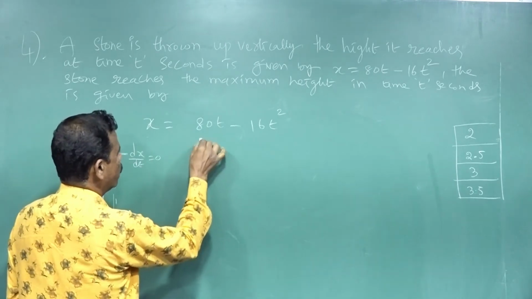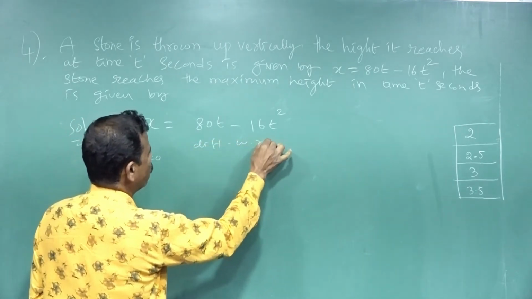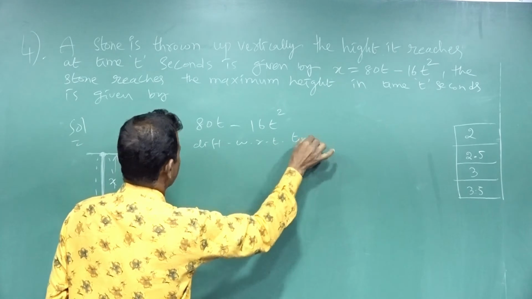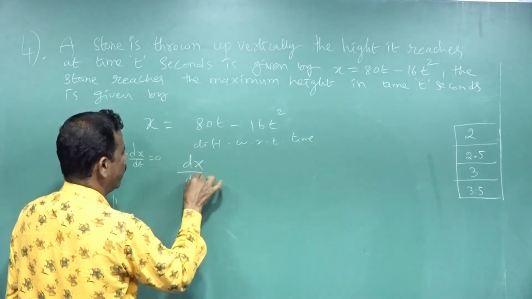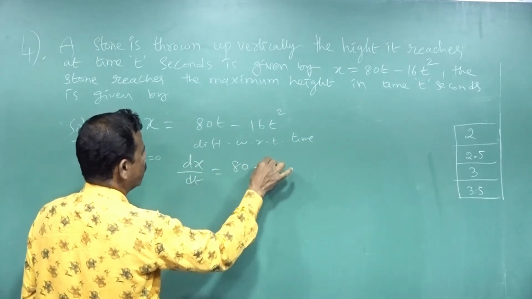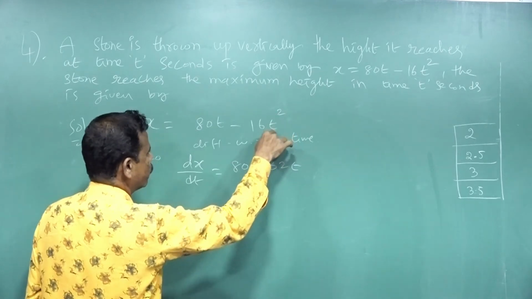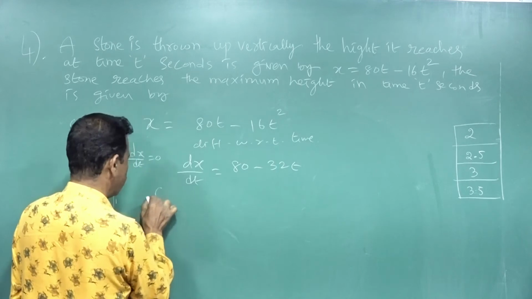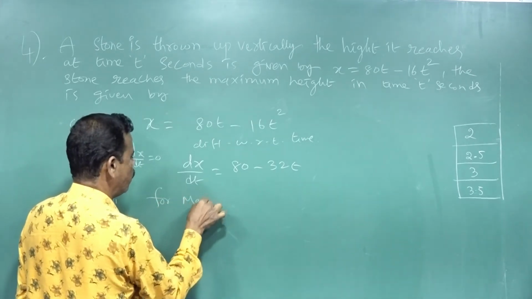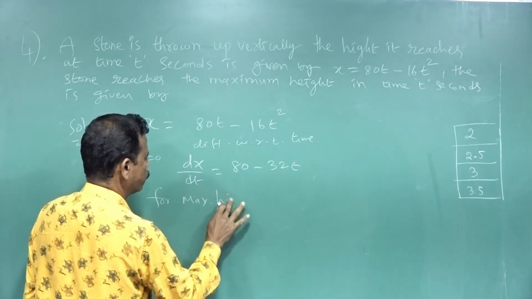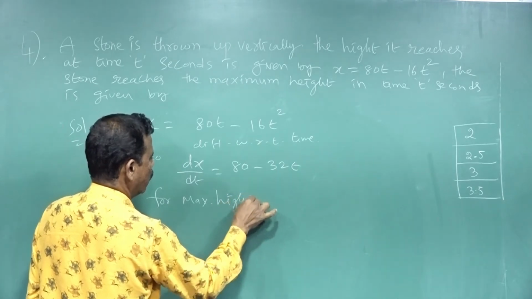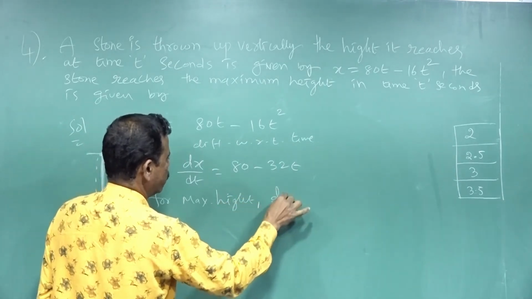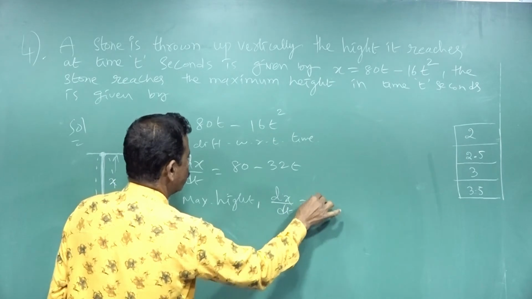Calculate now. So differentiate with respect to time here also. dx by dt is equal to 80 minus 32t. t square gives 2t, 2 into 16, 32t. So for maximum height, dx by dt is equal to 0.